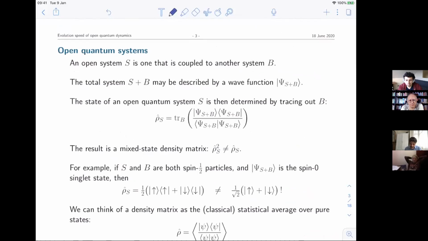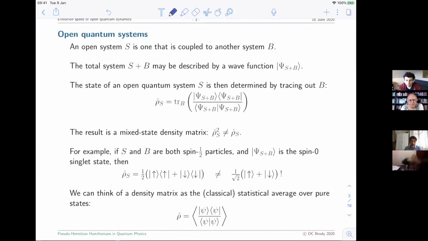So that takes me to the next topic. Open system dynamics, what do I mean by that? I have in mind a system called S, which is coupled to another system B. I use B having a bath in mind, but B can be as small as one particle, it doesn't matter. So the total system S plus B may be represented or described by a pure state wave function, let's say capital psi.